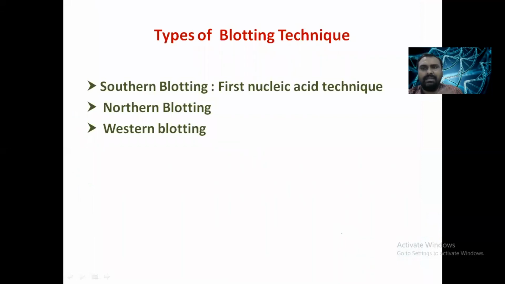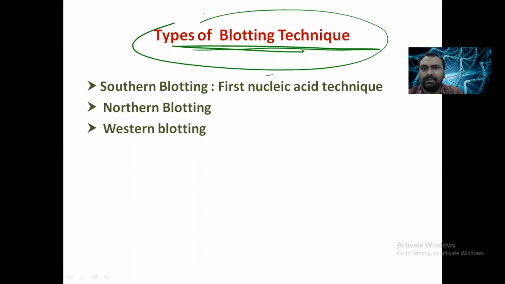Now there are various uses of this recombinant DNA technology. Like blotting techniques; I will make a separate video about these blotting techniques in detail. We use the recombinant DNA technology principle in blotting techniques.